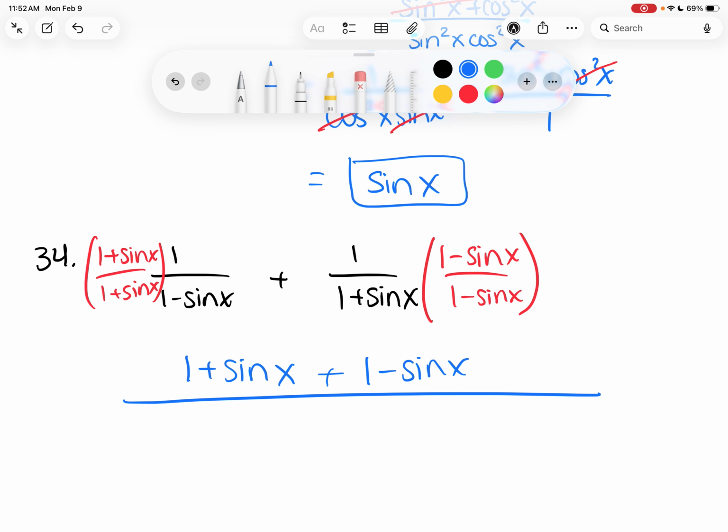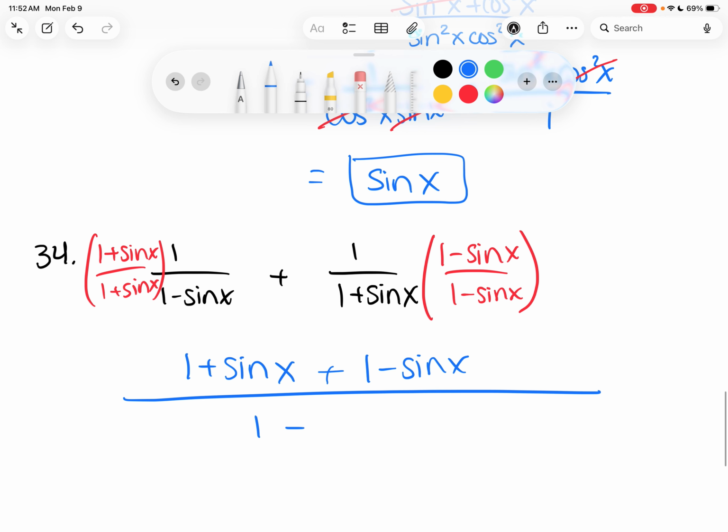It might not look like it, but it is because it's 1 plus something and 1 minus something, so those things cancel out like a difference of squares. If it didn't cancel, I would just be foiling. So I have 1 minus sine squared of x, because technically I would have plus sine of x minus sine of x as the middle term, which is going away. If you didn't recognize it as a difference of squares, hopefully you would see that.